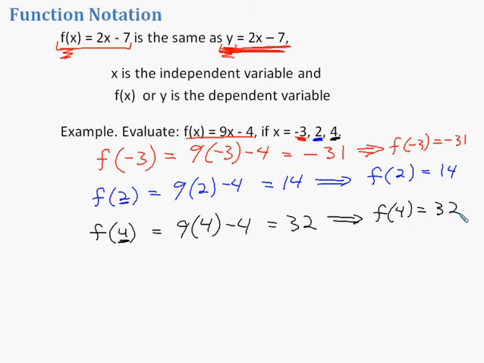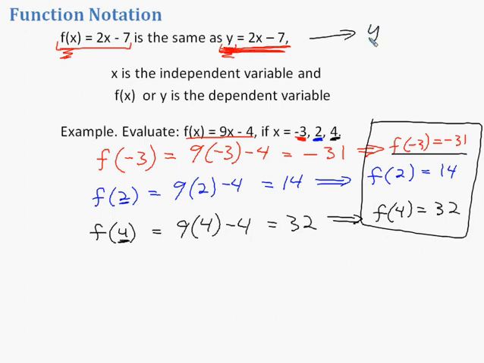And again, by looking at these, I know that when I put -3 in, I got -31. Whereas if I took the earlier equation and put -3 in, 2 times -3 minus 7, that would give me actually negative 13.